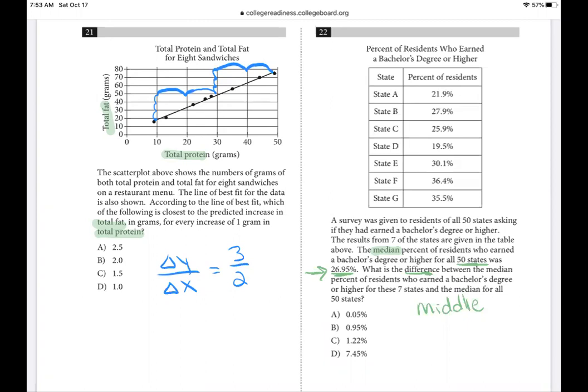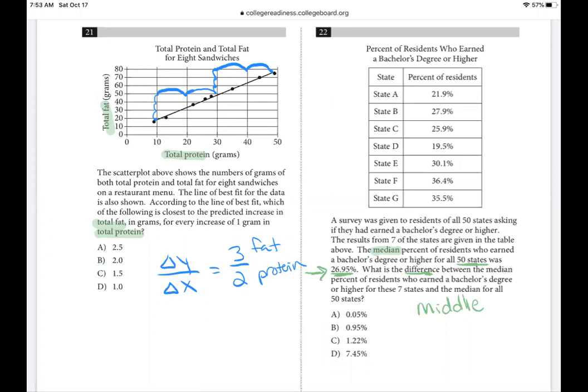But now it's asking us for the predicted increase in total fat. Okay, so fat was on the y-axis, for every increase of 1 gram in protein. So 3 to 2 or 1.5.